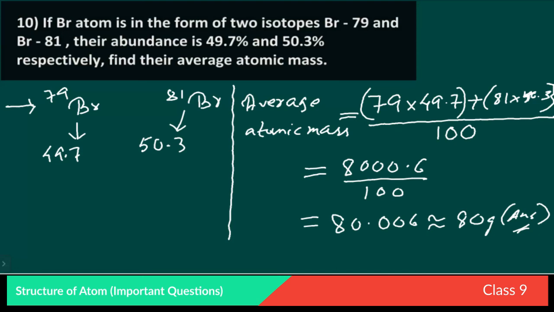In this way, you have to calculate the average atomic mass. If you are given two isotopes and their natural abundance, you just multiply their respective mass number and natural abundance, then add it with the other isotope, and divide it by 100, and you will get the average atomic mass.